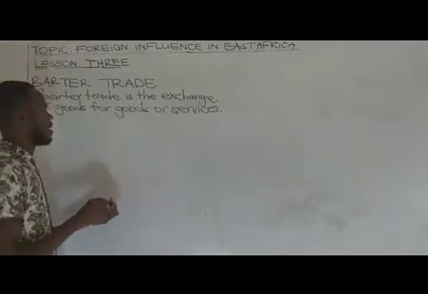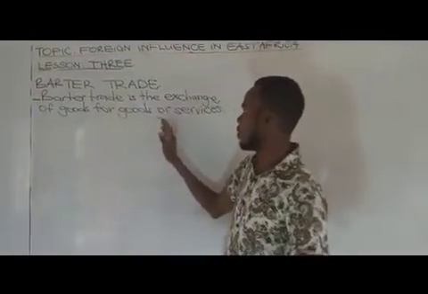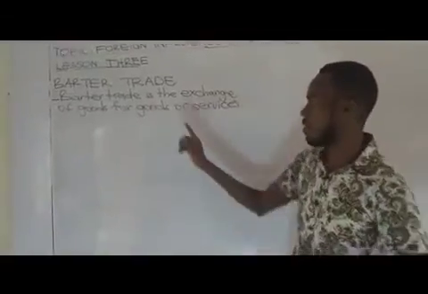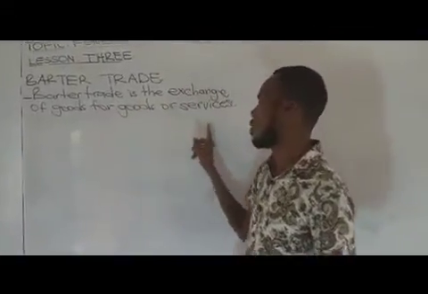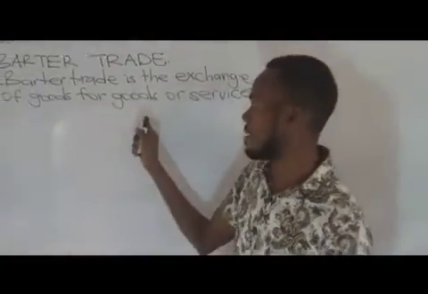I think my cameraman can show you that one very well. We say barter trade is the exchange of goods for goods or services. Or somebody can say it's the exchange of commodities for commodities or services. Now what do we want to look at next after seeing this one?